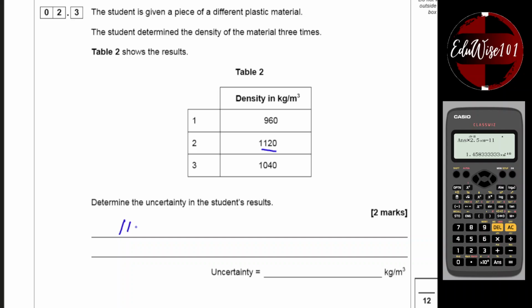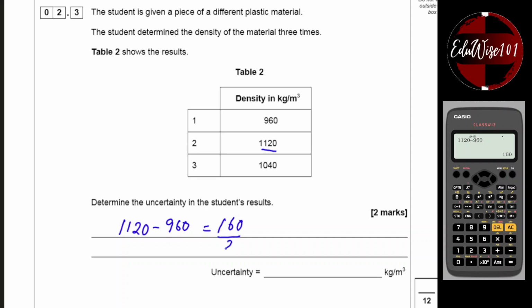So 1120, take away the minimum value, which is 960. That gives me, so let's do that, 1120, take away 960, it gives me 160.